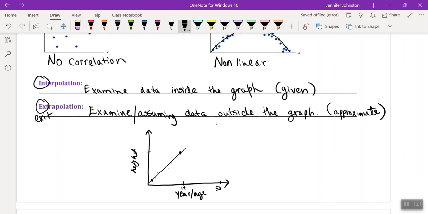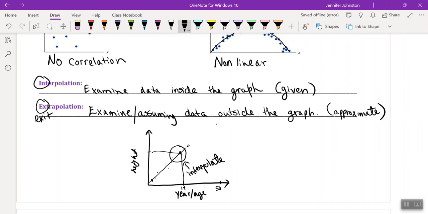So what we're looking at here is when we're looking at inside the data, this is what we call interpolation, or to interpolate what the data is giving us. So if we recorded all your heights up to when you're 14 years old, that would be interpolation. So we would get your data right from the graph.